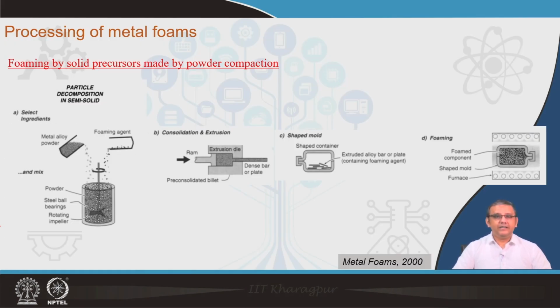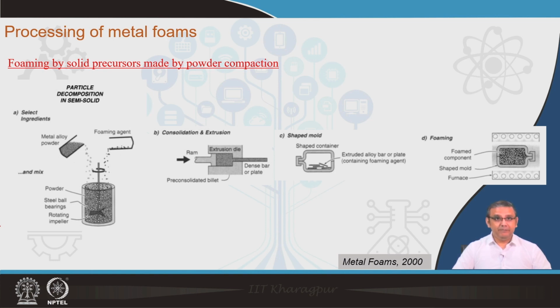So, to start with, the first technique that we will learn today is foaming by solid precursors made by powder compaction. A schematic flowchart for fabricating metal foams or porous metals using this technique is shown in this slide. As you can see, the process, as with many other processes discussed already, begins with a metal alloy powder.